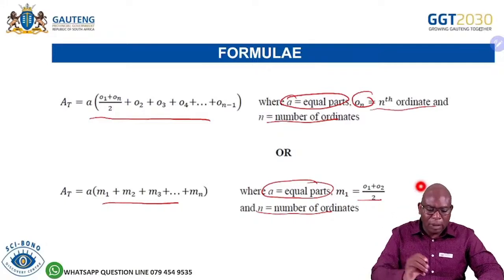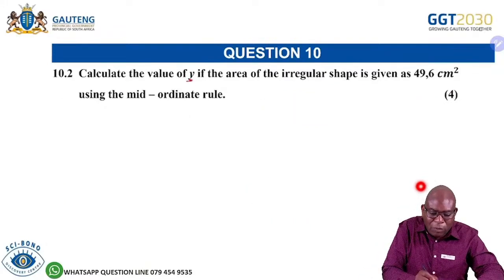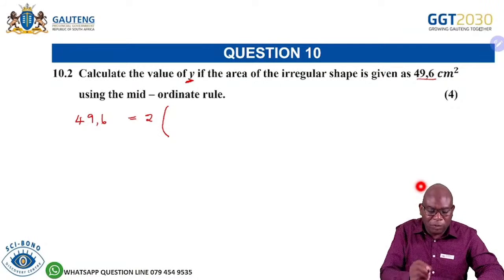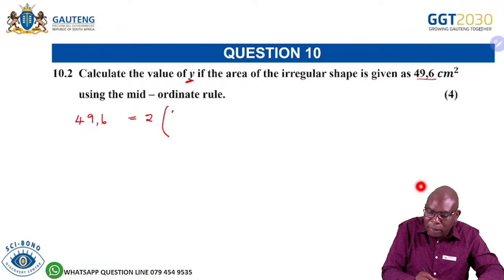Now, in this case, they say calculate the value of y if the area is given as that. So, meaning that in my formula the area is given. So, I'm going to write 49.6 square centimeters. It's equal to, equal parts, it's 2. Remember, now I'm going to use the formula which has the first ordinate, O1, plus the last one, divided by 2.